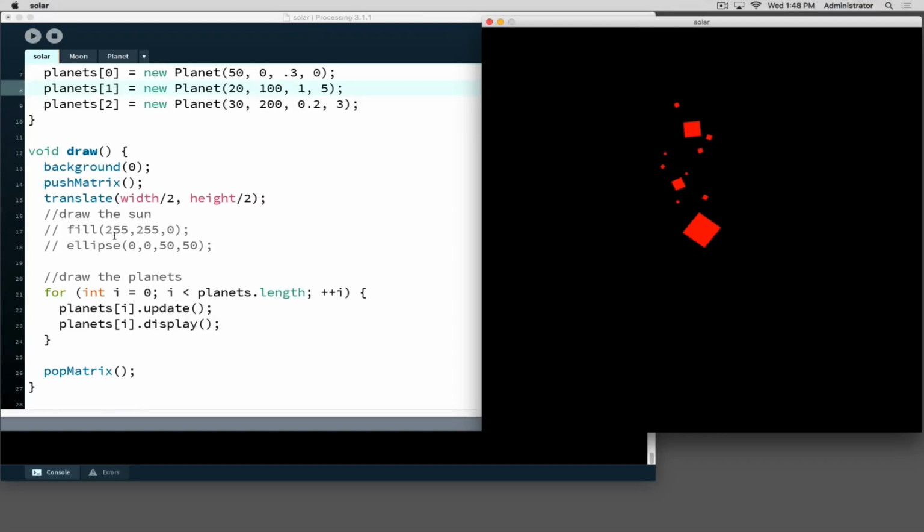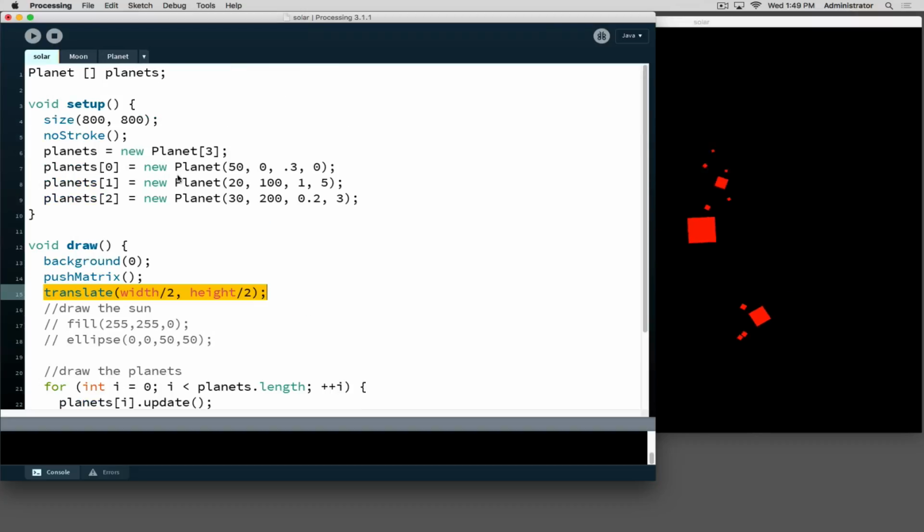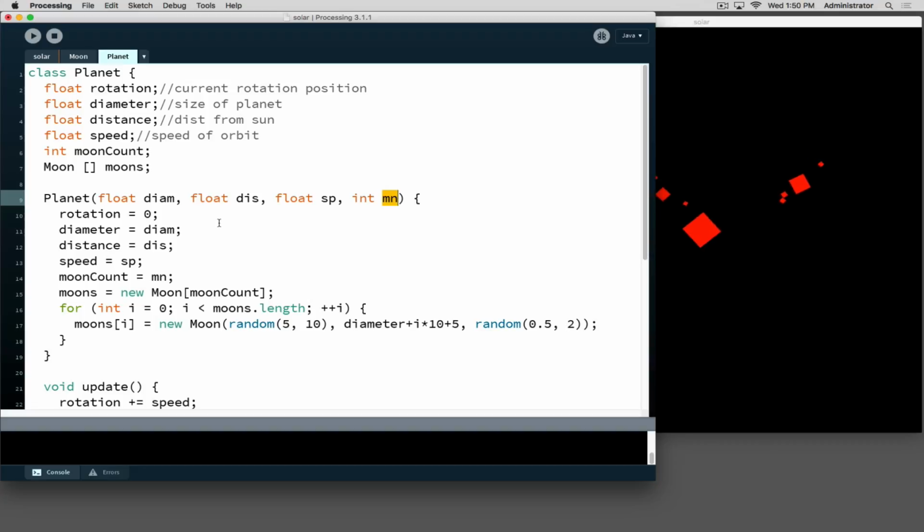Now, after this, the key thing is we're translating everything to the front of the screen, and then we draw the planets, where we update and display each planet. In this particular example, the moons are children of the planet.